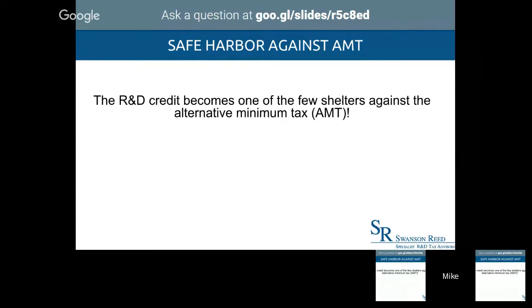In other words, it's two sets of rules, and this is a set of rules that applies to people in this other category. The R&D credit can now apply towards AMT. So the R&D credit is one of the few shelters against the alternative minimum tax. So if you happen to be one of those people who's typically affected by AMT, this is the way to get some relief. You can call it a shelter, a safe harbor, whatever you want to call it. But R&D is a good benefit to have in this case.